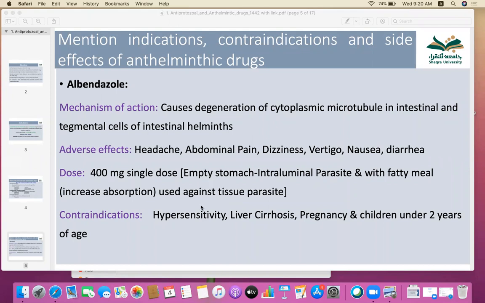Now we will see the most widely used drug, albendazole. What is the mechanism of action of albendazole? It causes degeneration of cytoplasmic microtubules in the intestinal and tegmental cells of intestinal helminths.